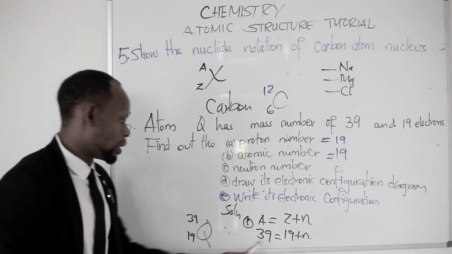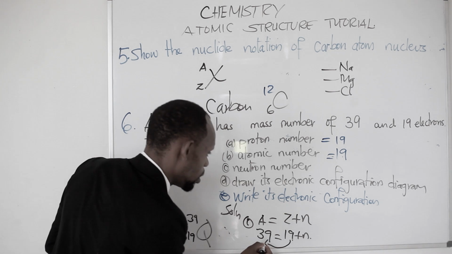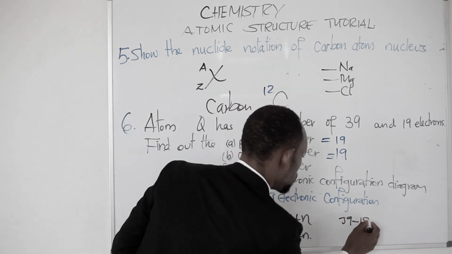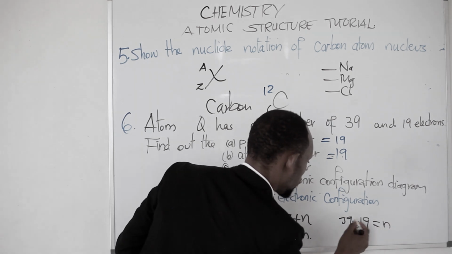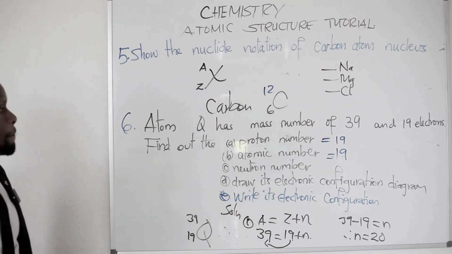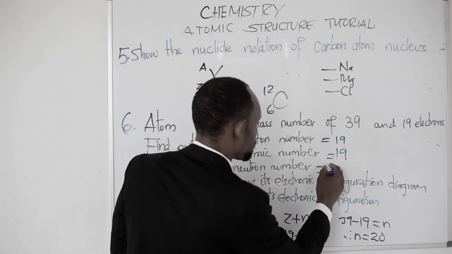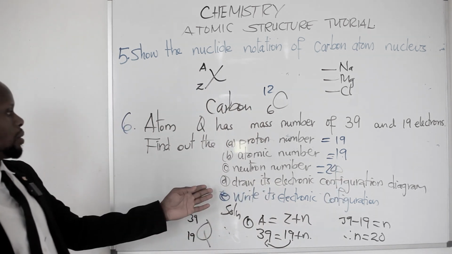So taking this to here, you will find that 39 minus 19 equals N. Therefore, N equals 39 minus 19, which gives 20. So how many neutrons? Neutron number is equal to 20. Very good.